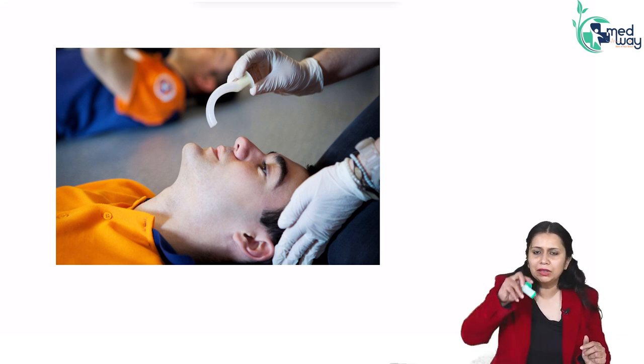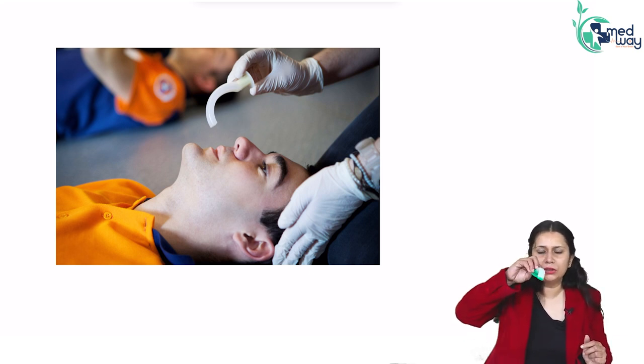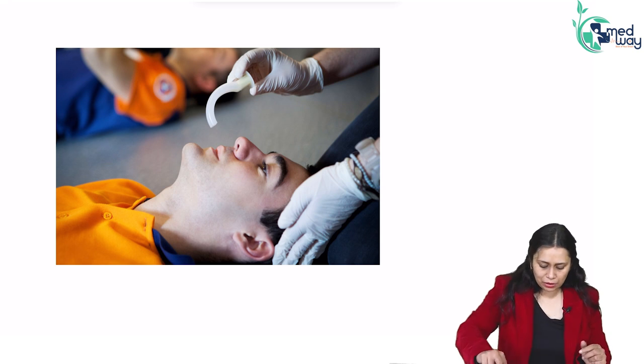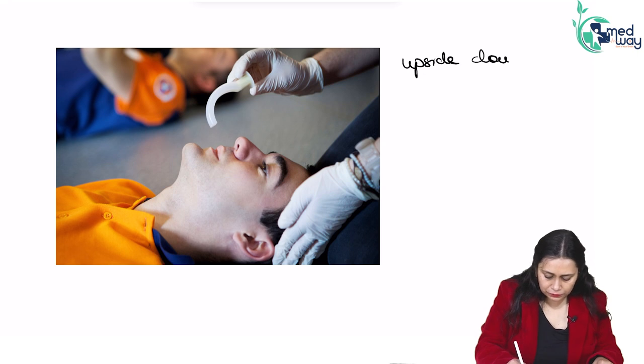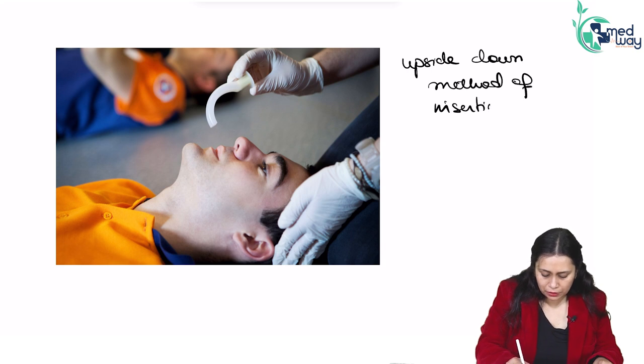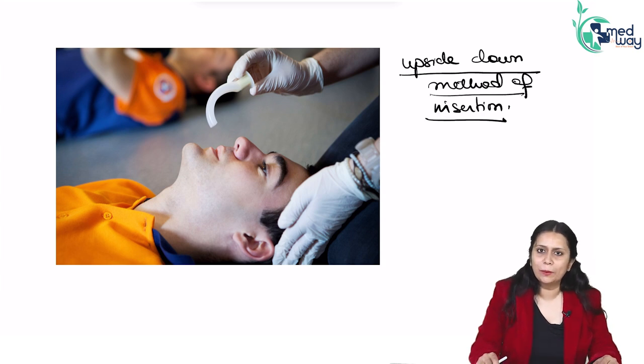But the commonest is that we hold it in upside down position, half inserted in the oral cavity, and then turn it 180 degrees and push it. So this is the upside down method of insertion.